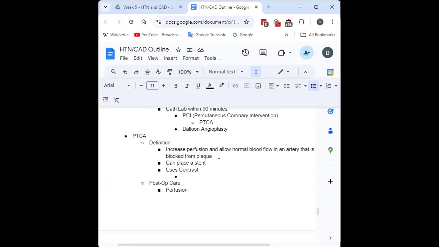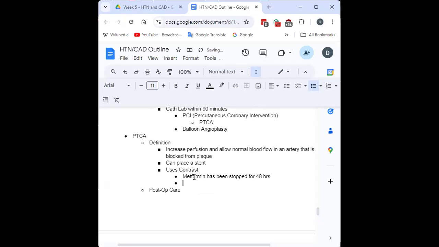What are some things we want to know because we're using contrast? What do you guys think about? If they're taking metformin, absolutely. You stop metformin, I think for 48 hours. And allergy to iodine, usually iodine and shellfish.